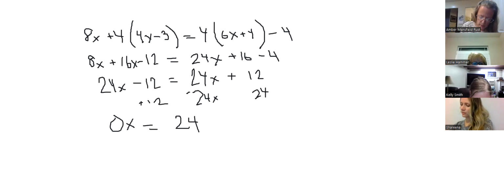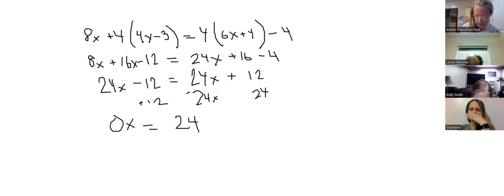So then we subtract 24x and subtract 24x. That should give us 0x minus 12 equals 12. Plus 12, plus 12. I think we did it right. I think the answer's wrong. Is this saying x is not 24?